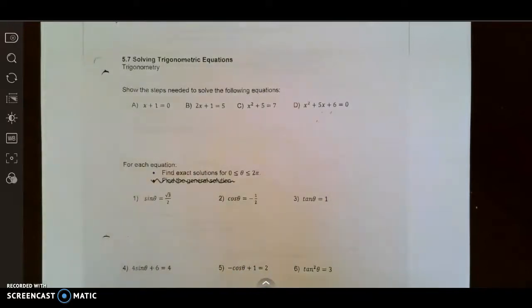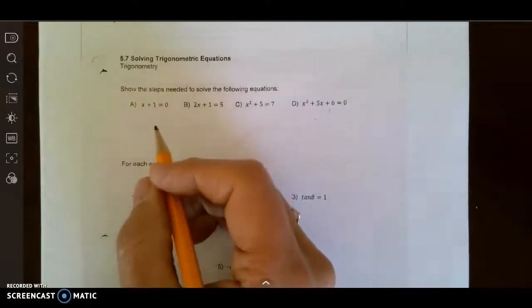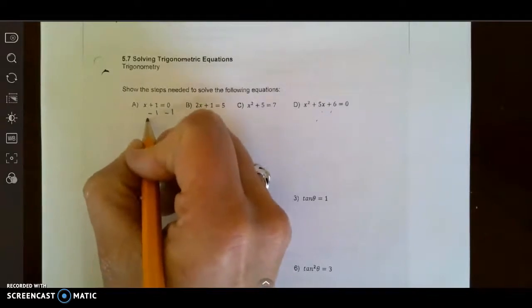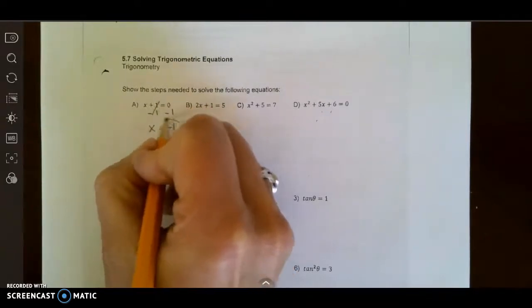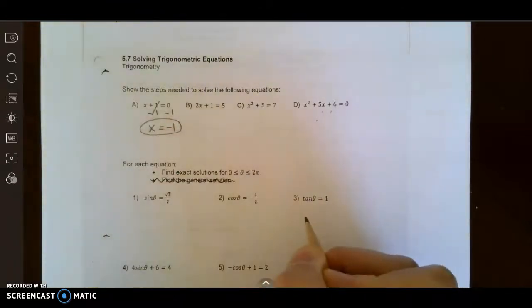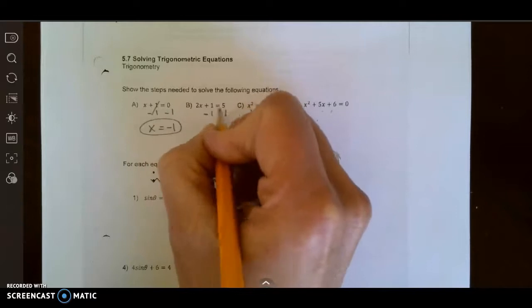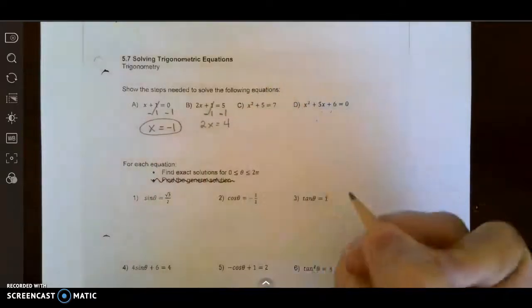Hopefully you did. All right, so for this first one, in solving for x, I'm going to subtract 1 from both sides. And I end up with x equals -1. For letter B, I subtract 1 from each side, and I get 2x equals 4.